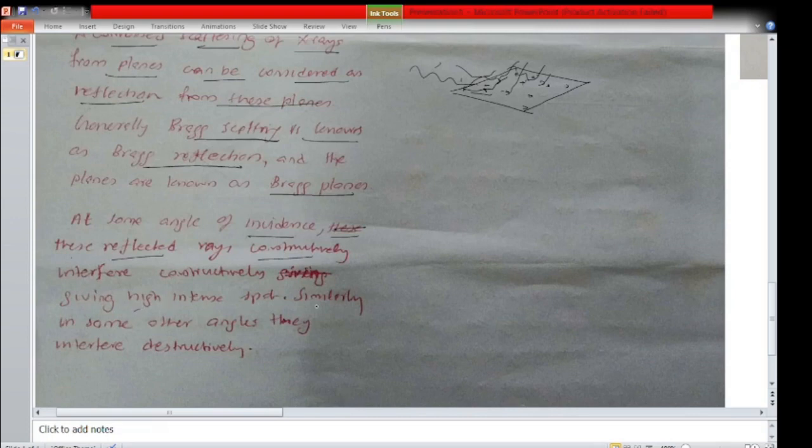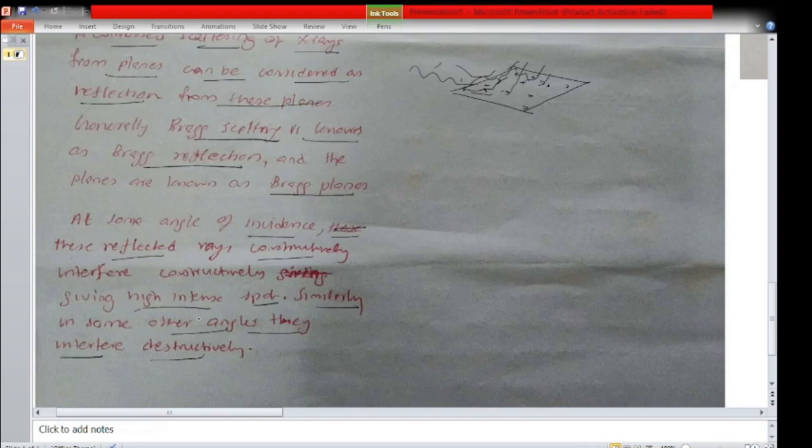We already discussed these points. Similarly, for some other angles, some other theta, these reflected waves will destructively interfere. Okay, and that will form a dark band, or it will not form that bright spot. The intensity will be less. That is the reason why we are getting that kind of pattern after those reflections.